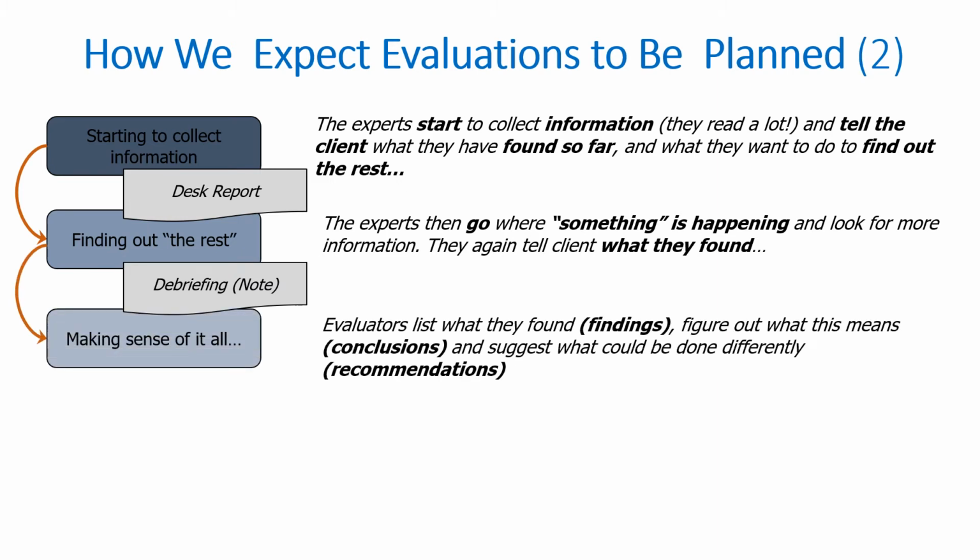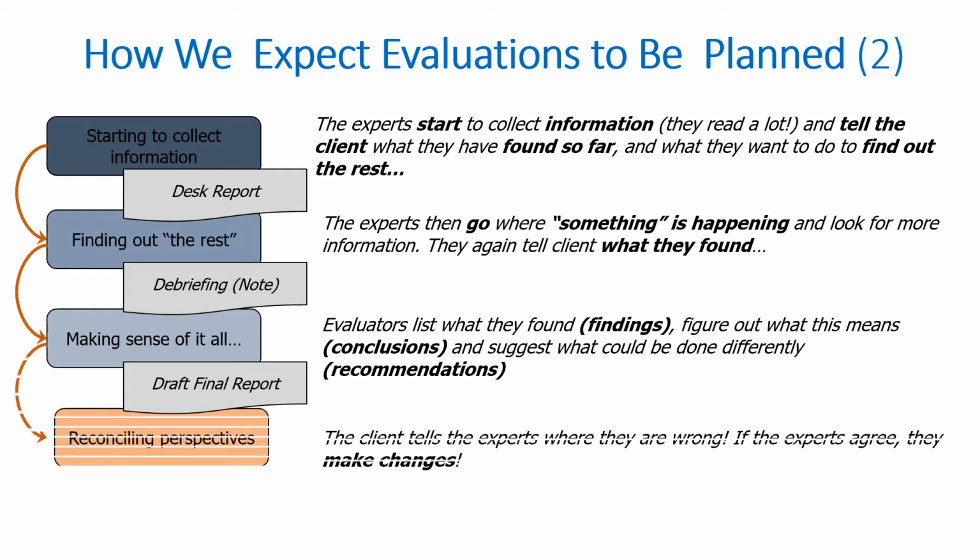Once the evaluators have got their findings, they've got to try and pull that together into some sort of story and narrative and conclusions, and trying to work out what could have been done differently in terms of the recommendations. Normally that appears as a draft final report, which is shared with the stakeholders, the funders, the program, the project.